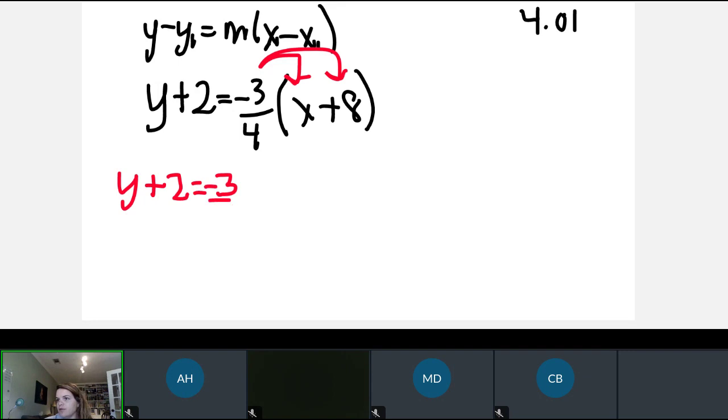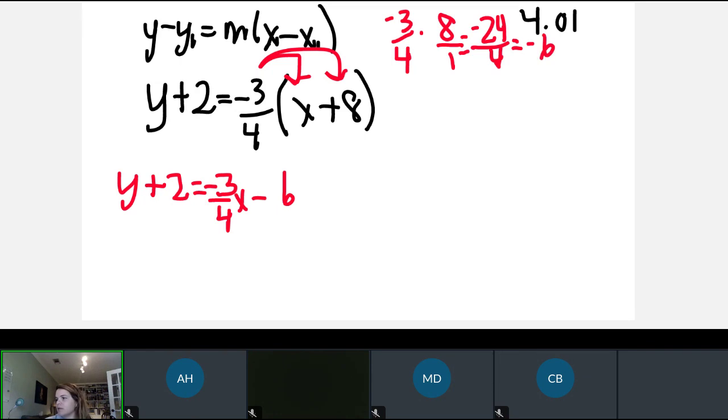You get negative 3/4 times x. And then this is going to be minus 6. And you can type in negative 3/4 times 8 in your calculator. Or if you want to do it by hand, negative 3 times 8 is negative 24. 24 divided by 4 is negative 6. So that's how I got that. And then you can go ahead and finish your last step.